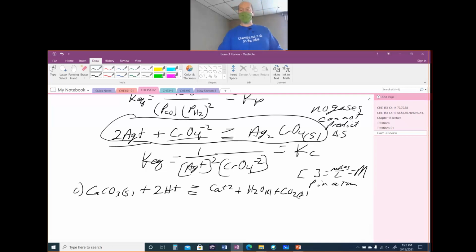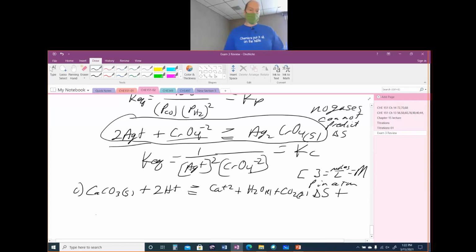You cannot predict the sign unless you have a difference in gases on both sides, or it's just a phase change of the same molecule. Here we have no gases going to 1 gas, so we know that this delta S is positive. We're going to more disorder.